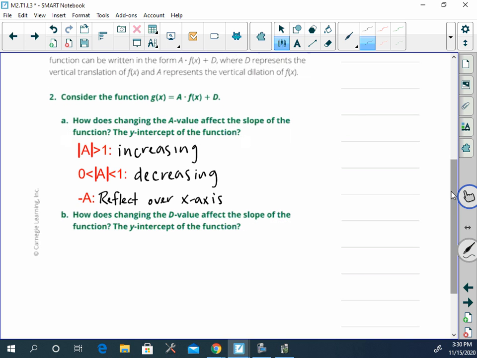Okay, and if we look at what's happening in the back here, if it's positive, it's going to go up, right? It's going to shift it up. So if d is positive, it's shifted up. And if d is negative, it's down.